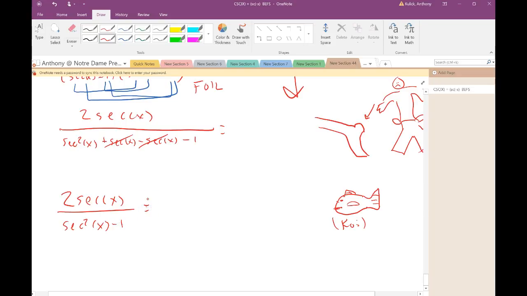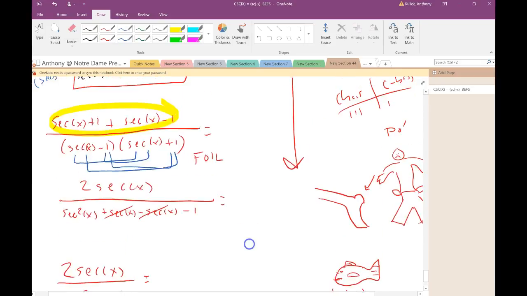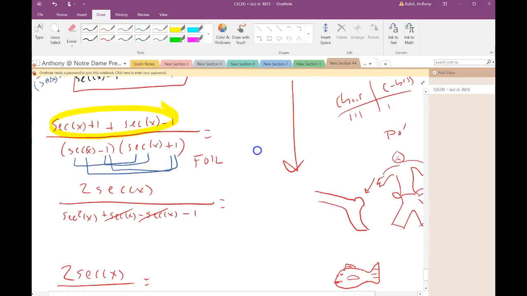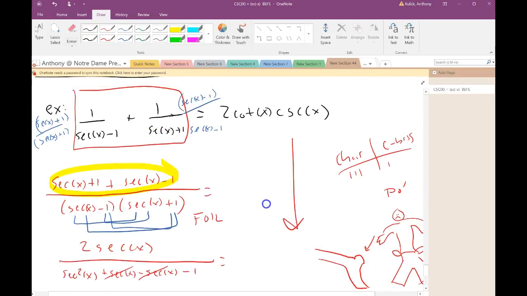Secant squared minus 1 is the same thing as tangent squared. I've rearranged the thing from before, and that's the same thing as cotangent. And that didn't match. That's because I copied the problem down wrong.